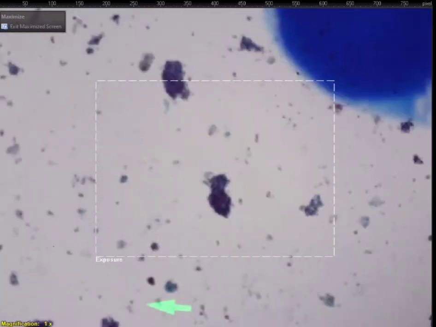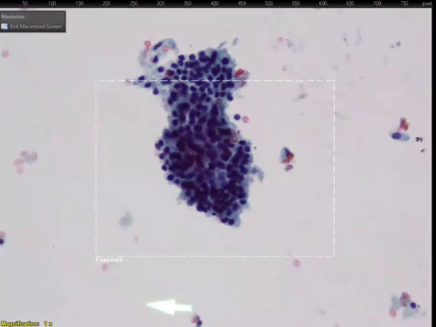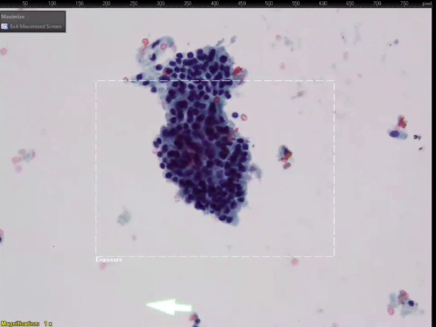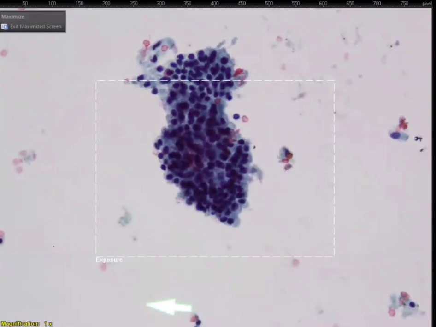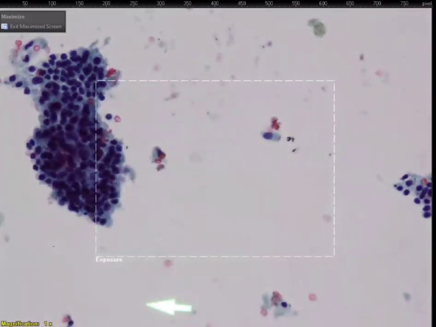Anything else? So what's this background look like? Let's look around at the background here. See, these groups are everywhere, small little tips of papillae almost. It's a little hemorrhagic, dirty, isn't it? Dirty background. And look here, terminal bar.